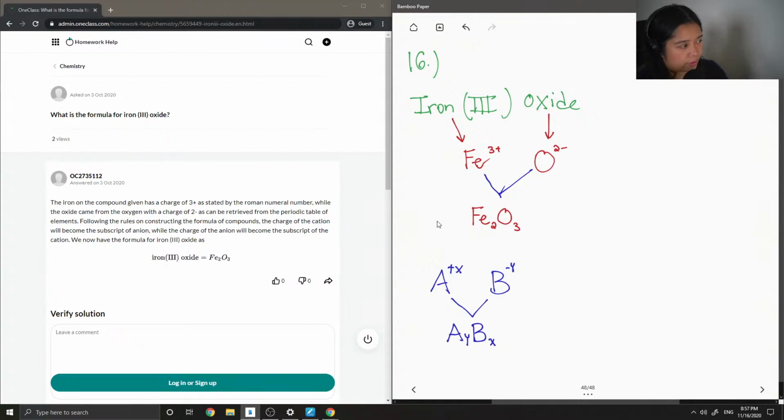So finally, the formula for iron 3 oxide is Fe2O3.